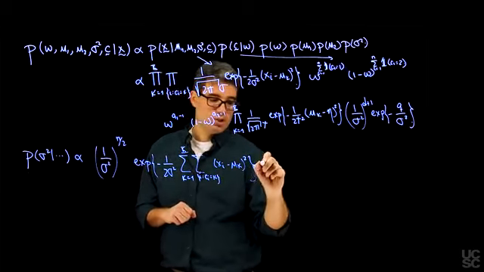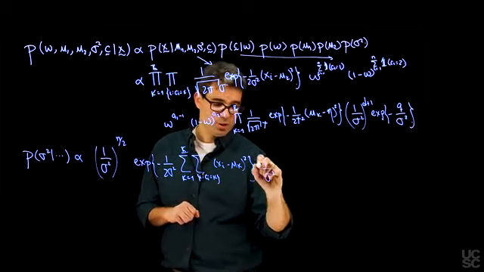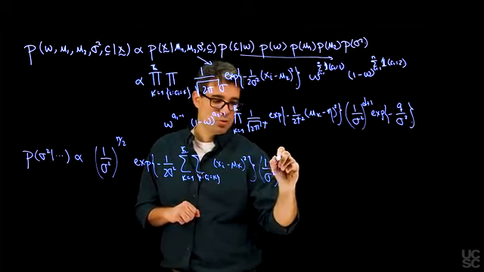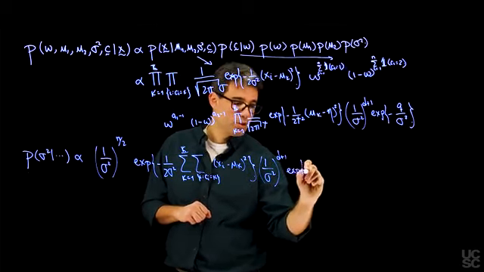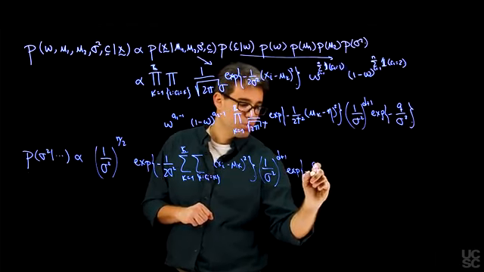And of course, the terms from the prior, 1 over sigma squared to the d plus 1, exp of minus q over sigma squared.